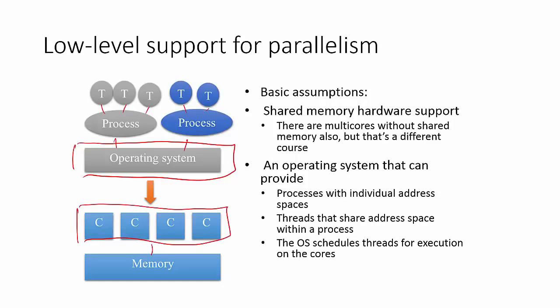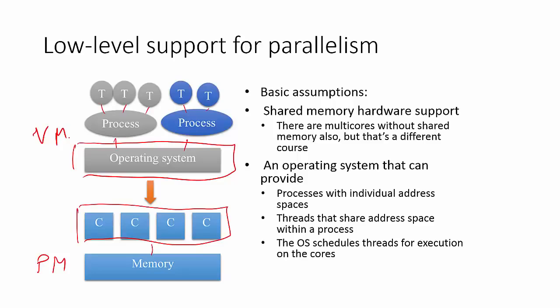So the memory here, which the cores share, that's the physical memory. The memory address space that processes use is a virtual memory address space. And each process has its own virtual address space that is, in most cases, not overlapping with another process's virtual memory space.